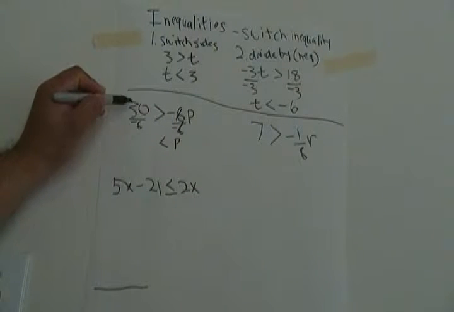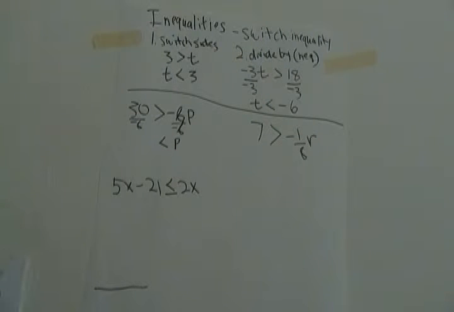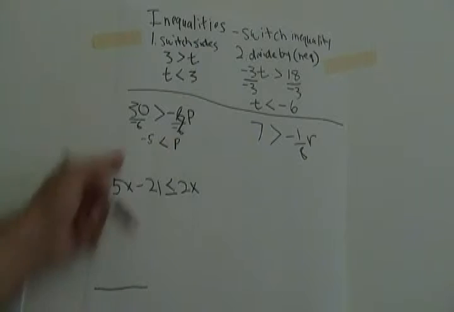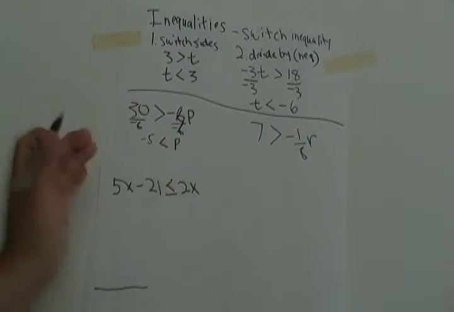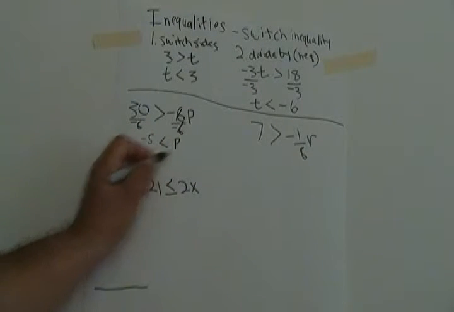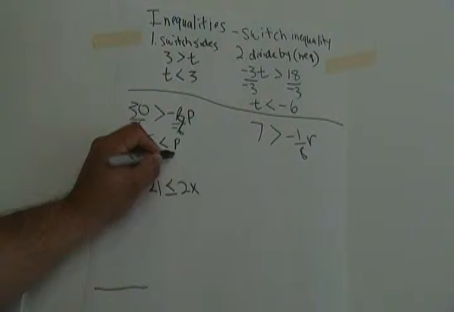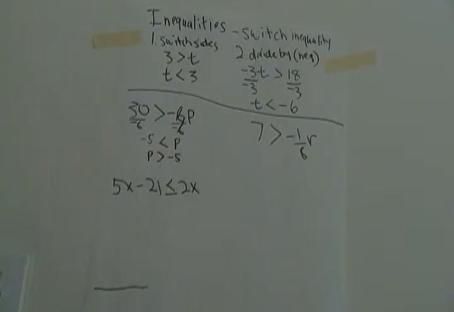And then 30 divided by negative 6 is negative 5. Again, we don't want to leave it like this, so we're going to flip it again. We bring p to the left, negative 5 to the right, so it's going to be p is greater than negative 5.